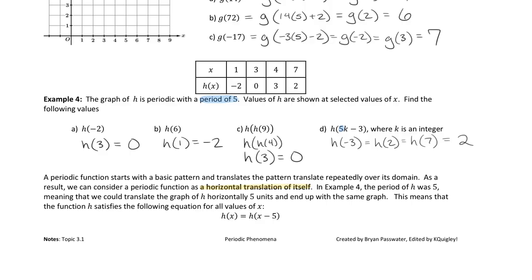In example 4, the period of h was 5, meaning that we could translate the graph horizontally 5 units and end up with the same graph. Therefore, it satisfies the horizontal translation, where h of x is equal to h of x minus 5. That's, again, just saying the same pattern scoots over the length of the period over and over again for all of eternity. It's constant.